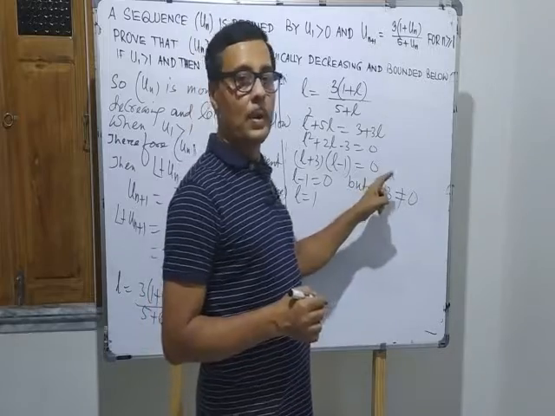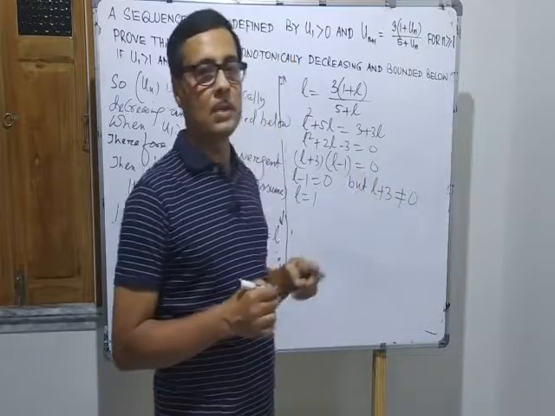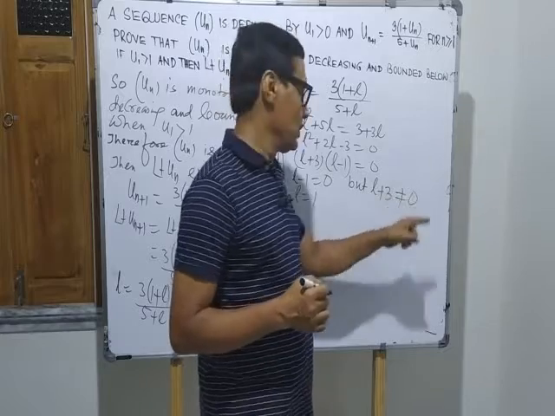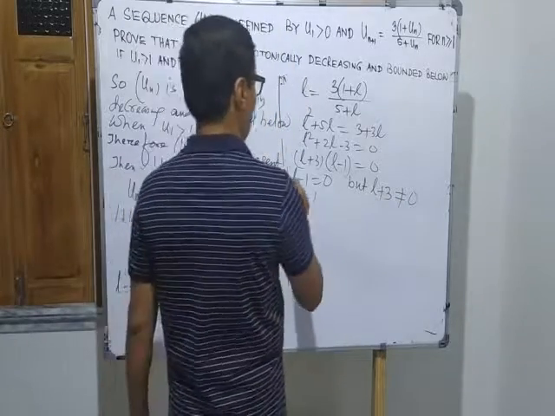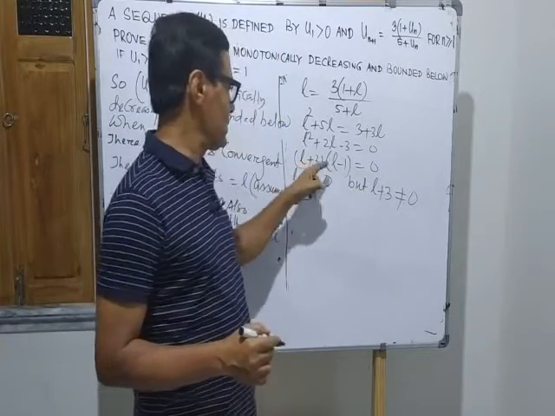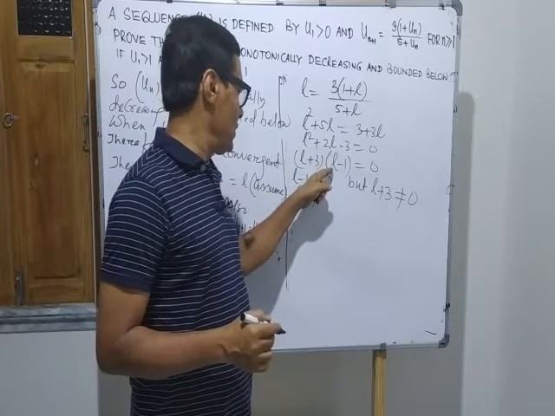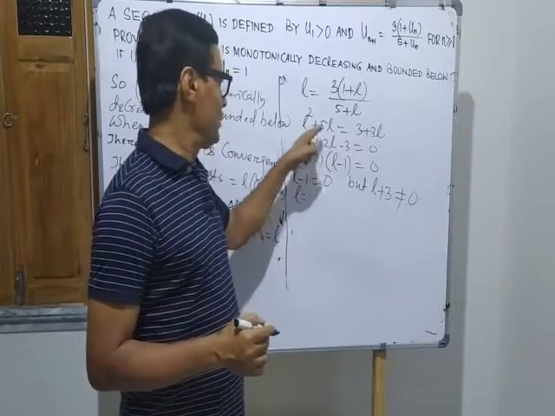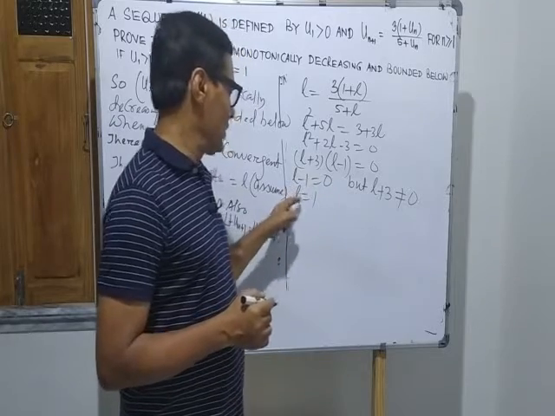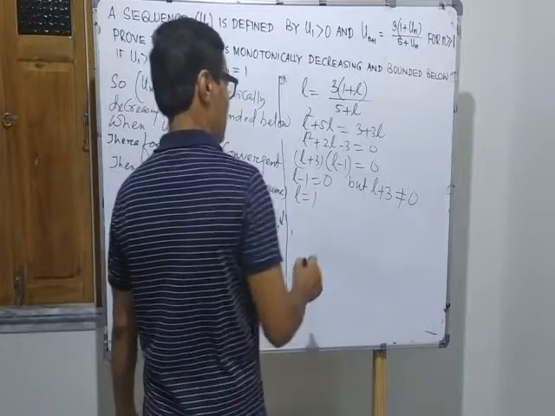So L plus 3 is non-zero, and only the factor L minus 1 is 0, that is L equal to 1.